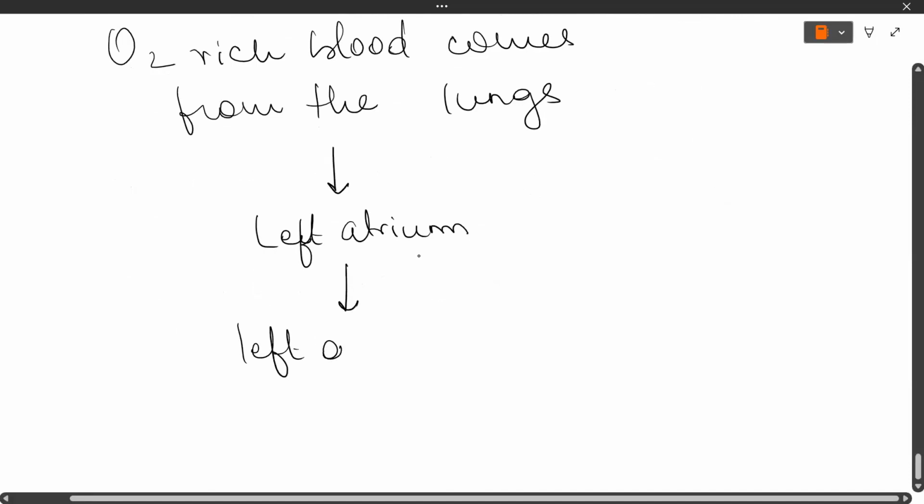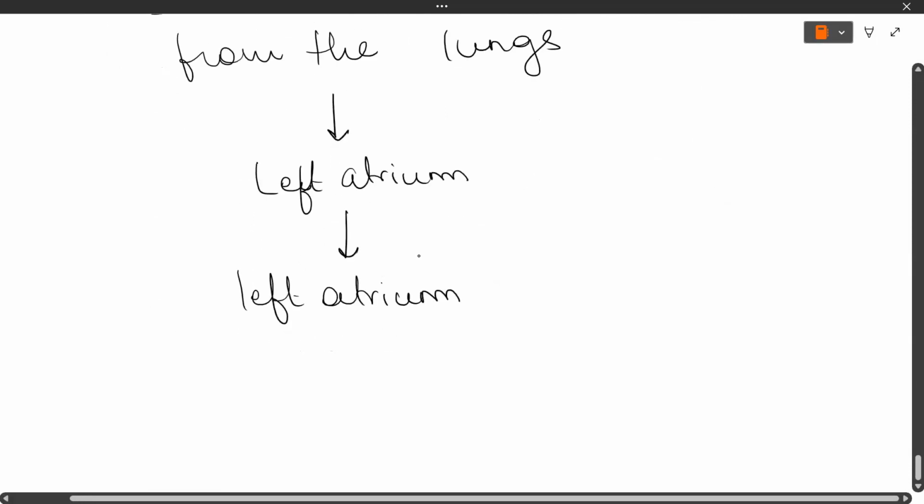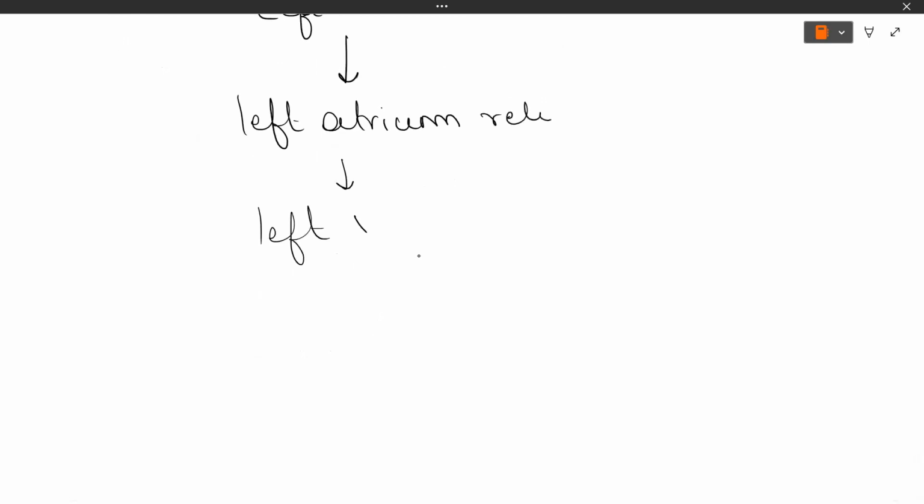The left atrium relaxes. Relaxation and contraction, you understand? So the left atrium relaxes and the left ventricle expands as soon as the left atrium relaxes. It expands to receive the blood from the left atrium.